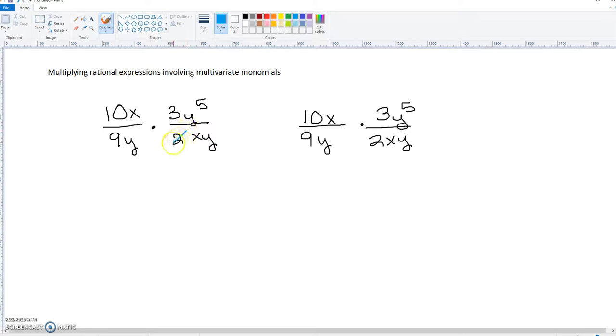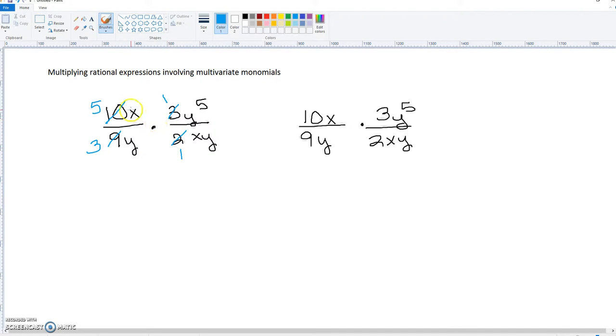Well, 2 divides into 2 one time, and if we divide 2 into 10, that leaves us 5. Same thing here. We've got 3. Well, 3 can divide into 3 once, and 3 can go into 9 3 times.